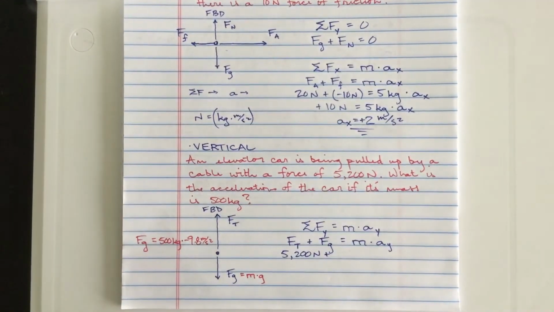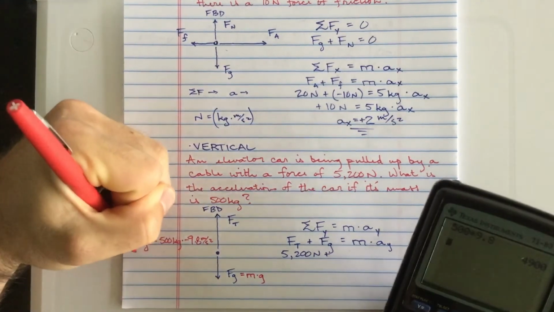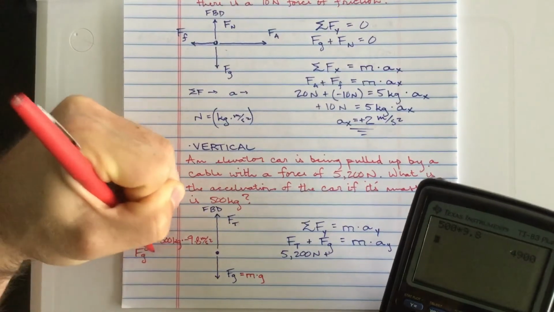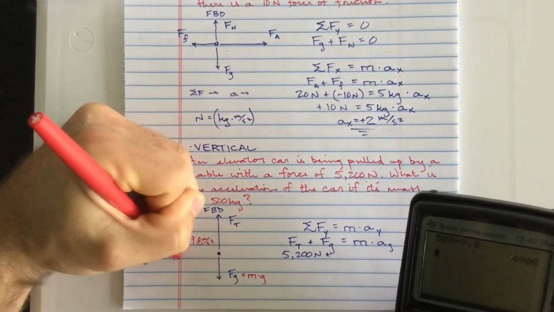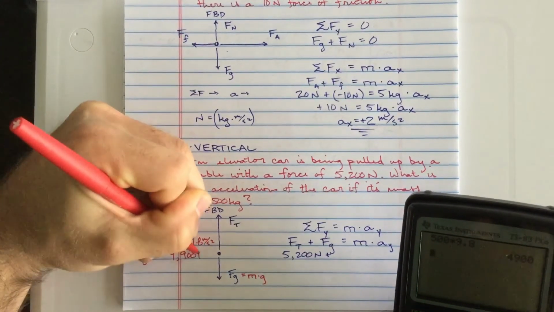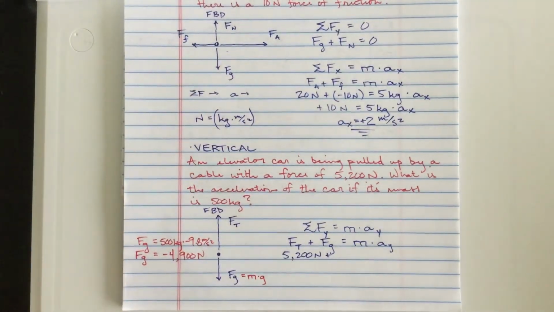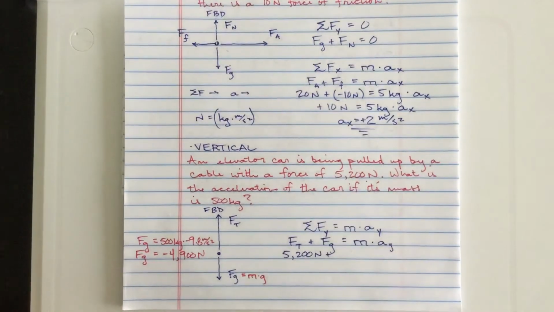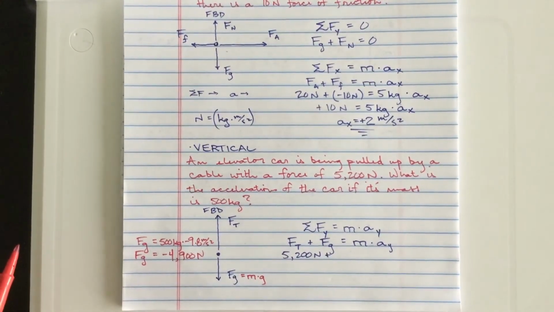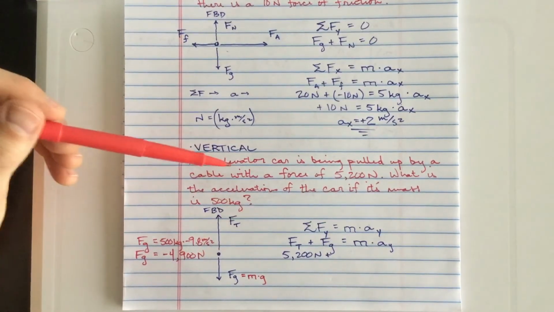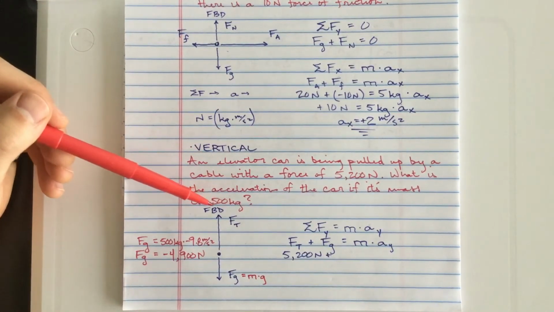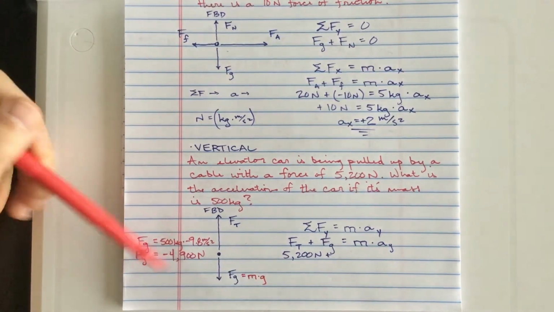So if I calculate this real quick, I get negative, because remember weight is always pulling objects down towards the Earth, I get negative 4,900 newtons. I'll give you a general rule, and no joke, I remember this from my physics teacher in high school: for these force questions with Newton's law, if you're given the mass of the object, it's probably a good idea to just solve for the weight right away.